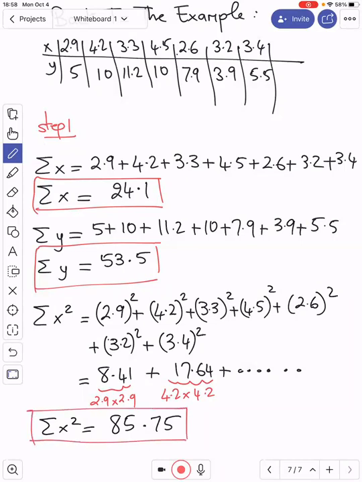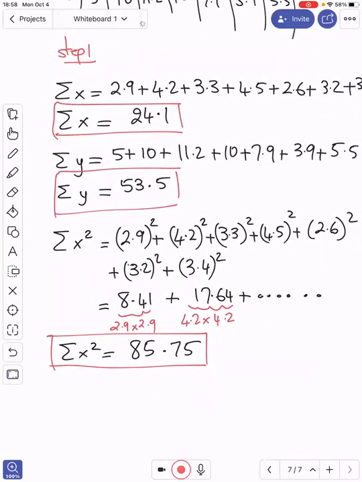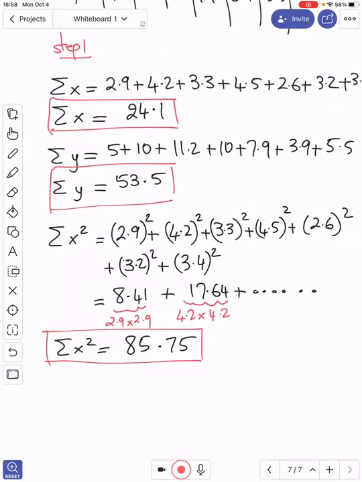Do the same thing for y. We're going to need the sum of the y squared. As you can see, it's a lot of computations here, but then we're going to be able to compute this r, the sample correlation coefficient, and then we can use the r to describe the relationship or the correlation between x and y.